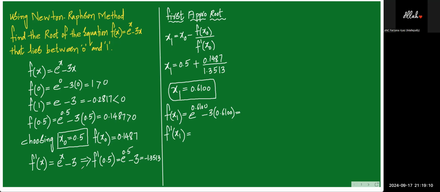In the derivative, 0.6100 minus 3, then what's the answer again?